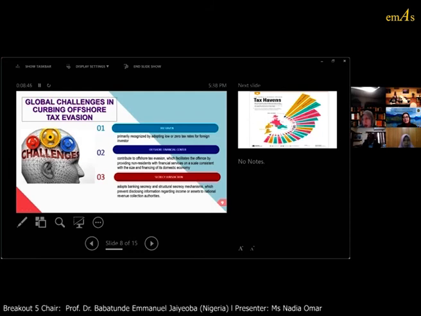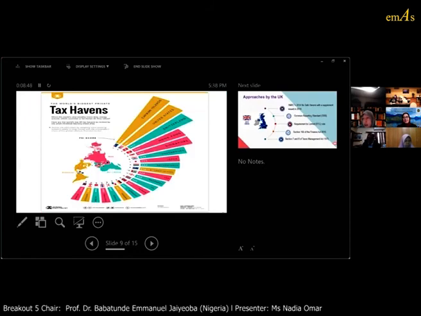So here, this is a list of tax havens, whereby here is the world's biggest private tax haven.